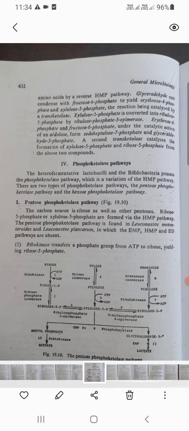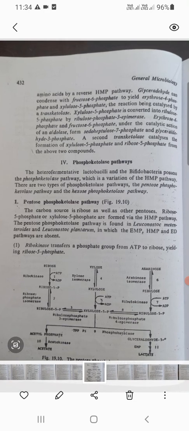We are depicting the same thing: ribose is converted into ribose 5 phosphate by the ribokinase enzyme utilizing one ATP. Ribose 5 phosphate is converted into ribulose 5 phosphate by the ribose phosphate isomerase enzyme. Ribulose 5 phosphate is reversibly converted into xylulose 5 phosphate using the ribulose phosphate epimerase enzyme.